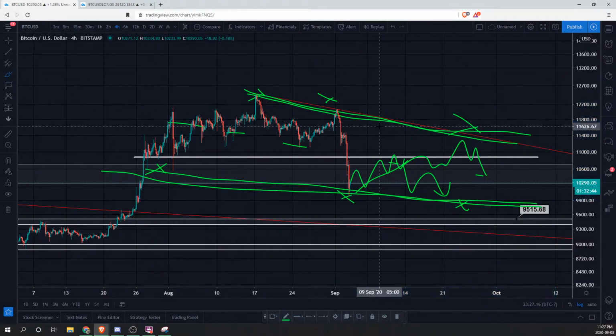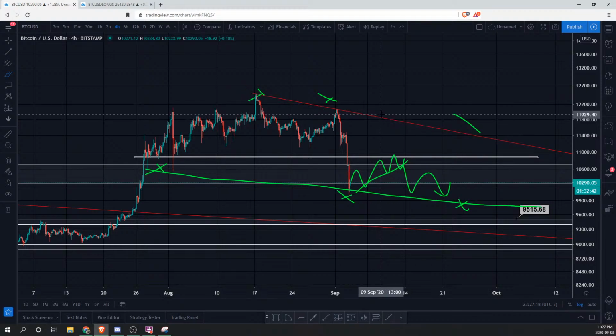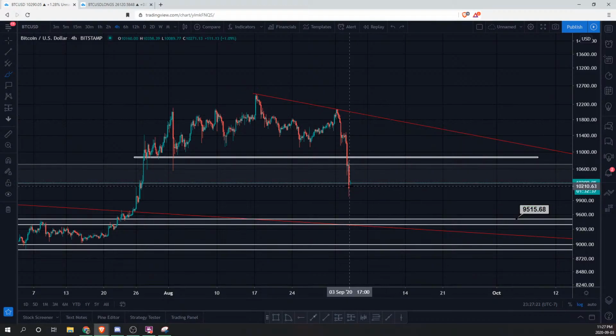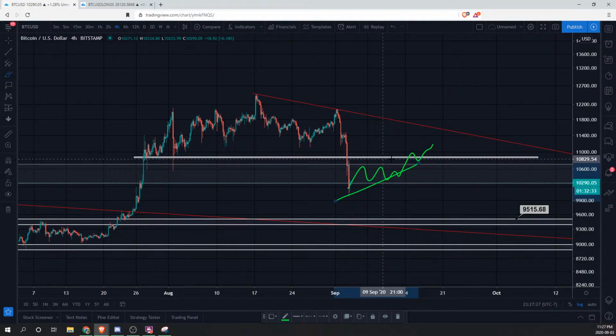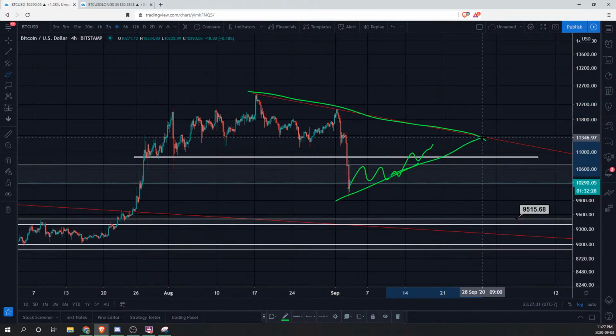Or you may get a faster recovery than you initially thought. So let's get another possible play out. Let's get something like this, and you get an ascending zone and you get a break to the upside. You could be looking for a potential symmetrical zone like this.